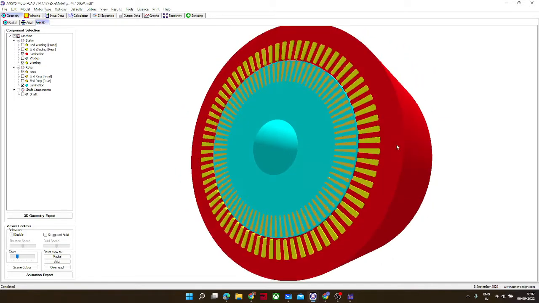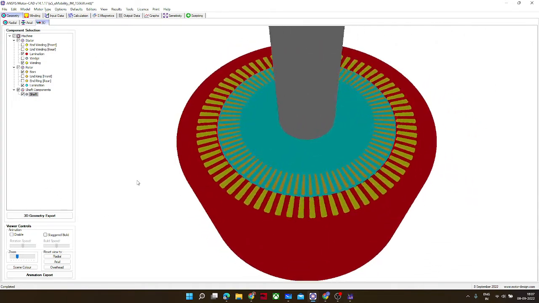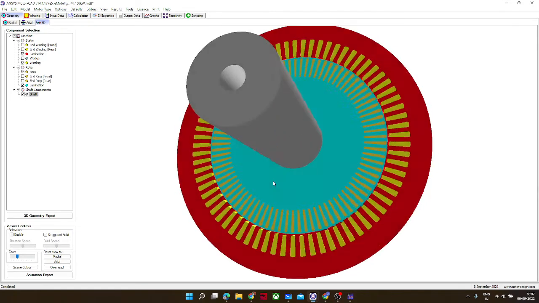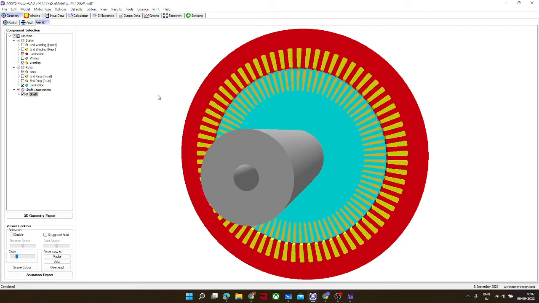You can see more things, like shafts are fitted along the rotor inner hole or radius. So this is how a typical induction motor looks. Is there anything more you want to know about this geometry, or is it fine? I will move ahead with circuits and all.